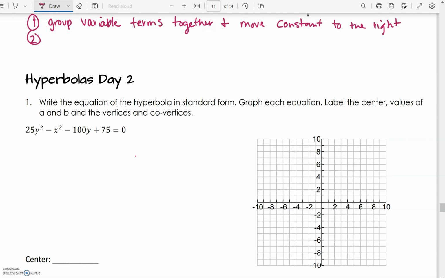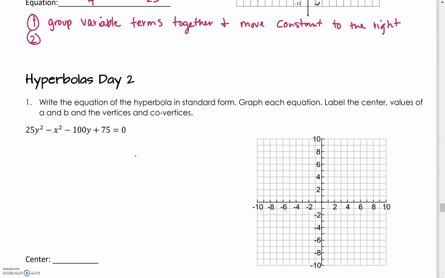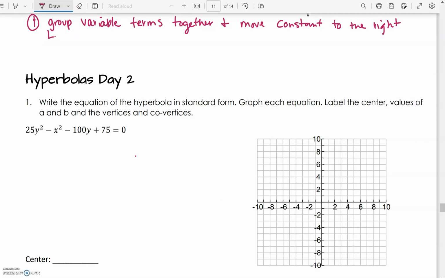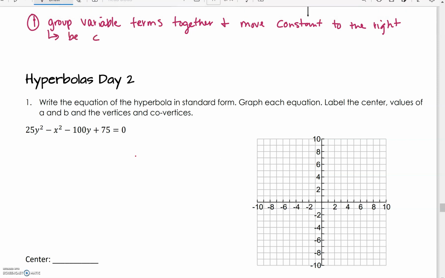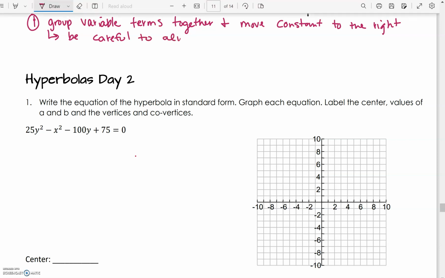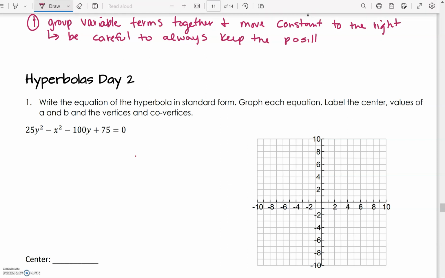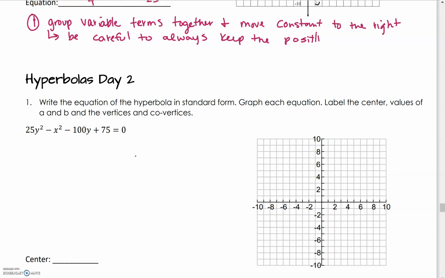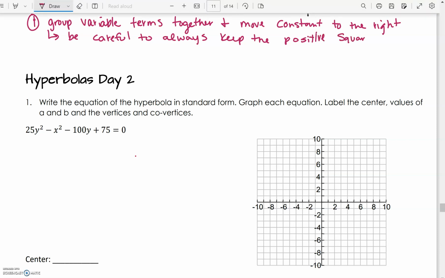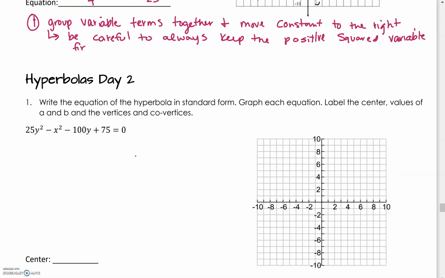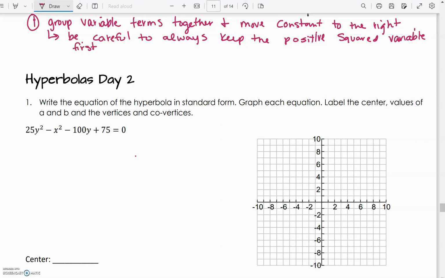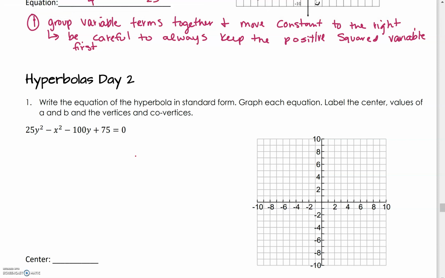So step 2, we do want to be careful, a little side note with that. Now that we have subtraction, we want to be careful to always keep the positive squared variable first, so that the minus or the subtraction goes where it needs to.